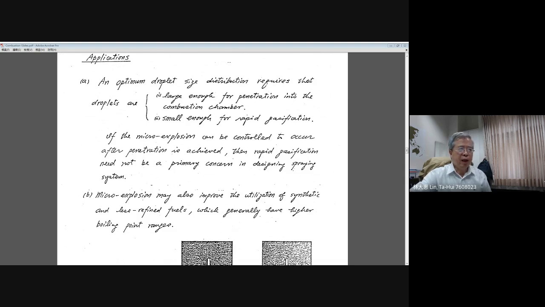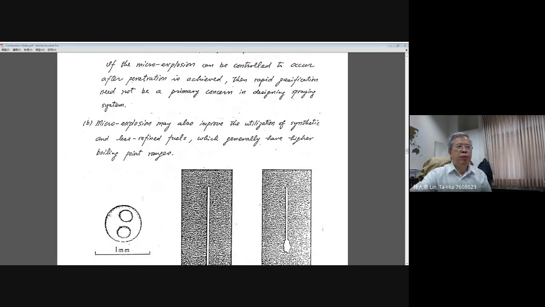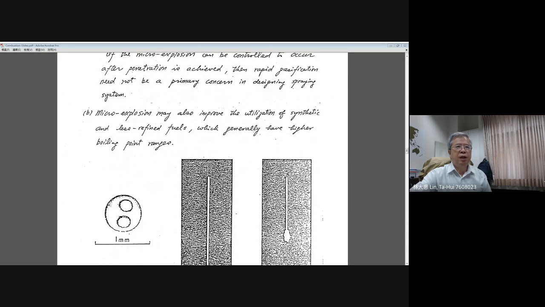Okay. The second part: the micro explosion is good for the improvement on utilization of synthetic and less refined fuels, which generally have higher boiling point ranges. Usually, when you have a less refined fuel, the composition has a higher boiling point, and usually they have higher viscosities and it is not easy to break them apart in the atomization of the liquid fuel to make tiny droplets.